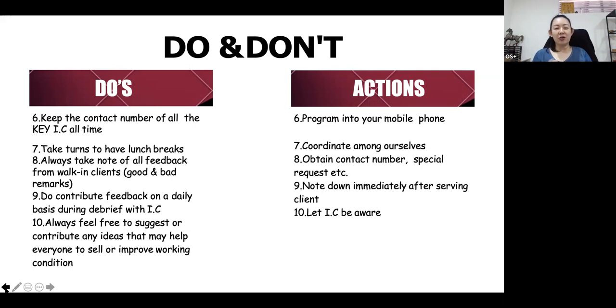We always use the sandwich method. Okay, so just now I saw your presentation. Your approach for this case, I really love it because you came up with a very good opening by telling the customer why they should buy.